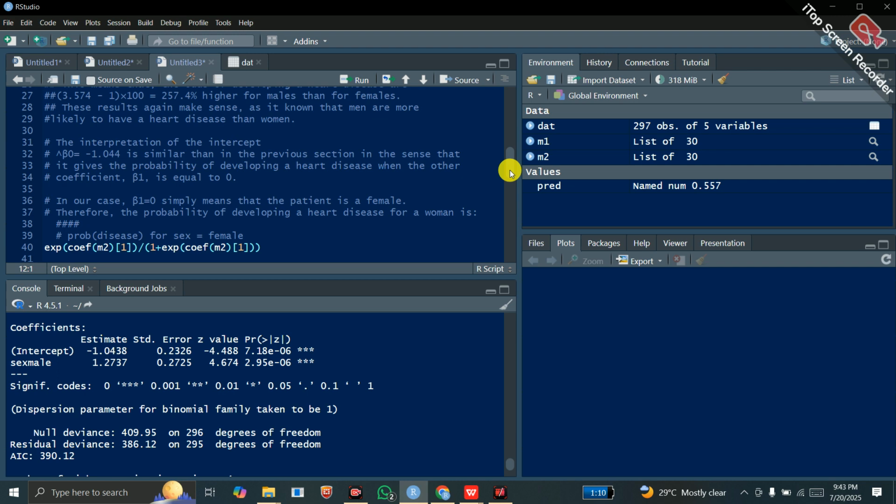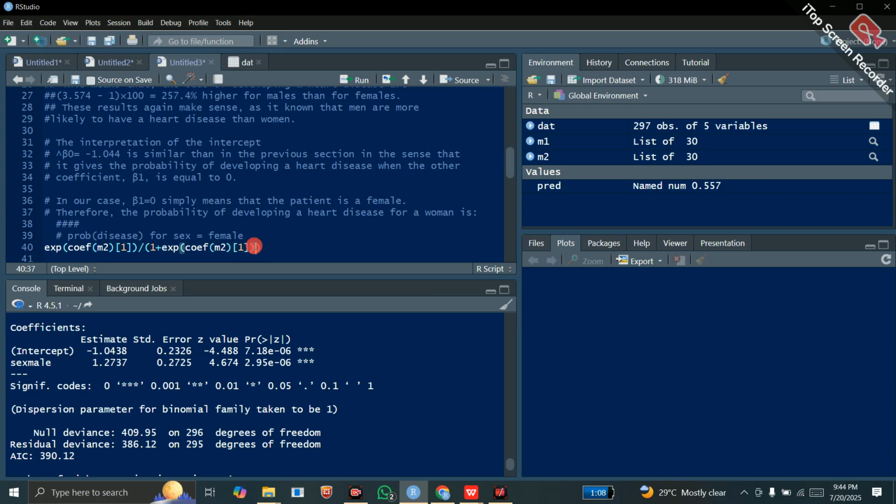In our case, beta 1 equal to 0 means that the patient is female. Therefore, the probability of developing a heart disease for women is given by this formula: e raised to the power of the coefficient of model 2, where 1 is female, divided by 1 plus e raised to the power of the coefficient of the M2 model, and 1 is for female.